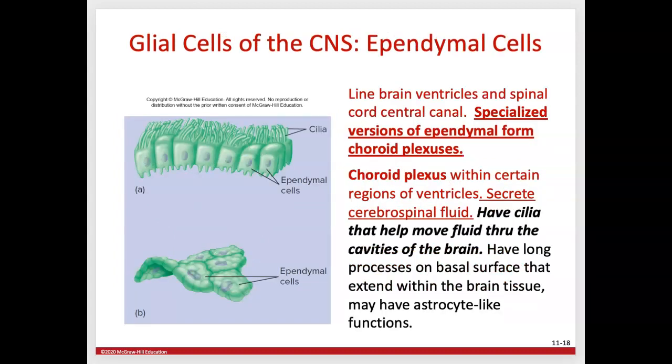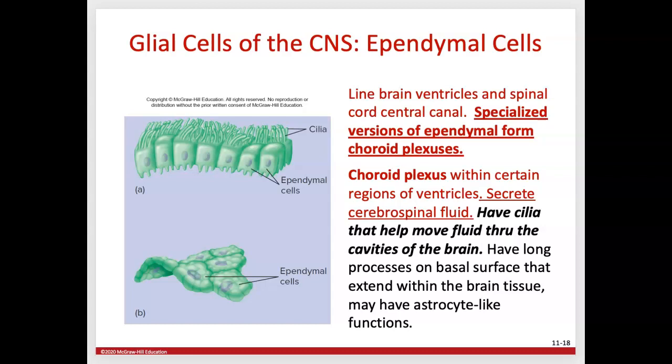The ependymal cells have cilia, or at least some of them. There are a couple different types of ependymal cells, but the ones I usually reference are found within the ventricles of the brain, and they have little finger-like cilia that help to move fluid through the cavities of the brain.